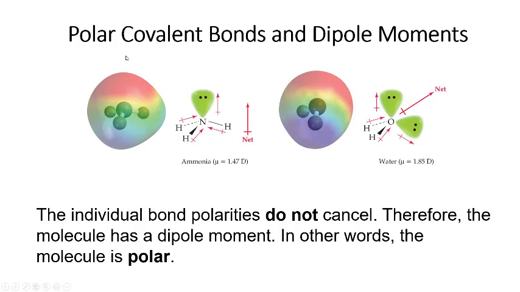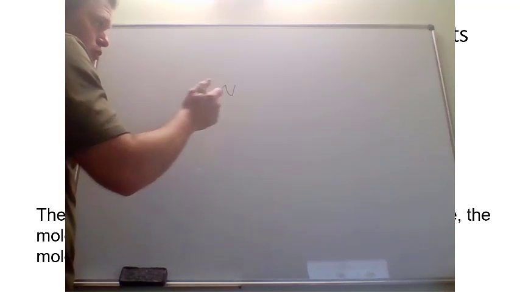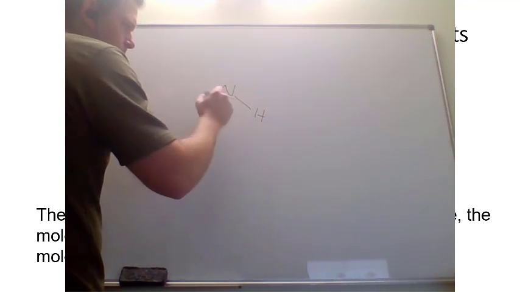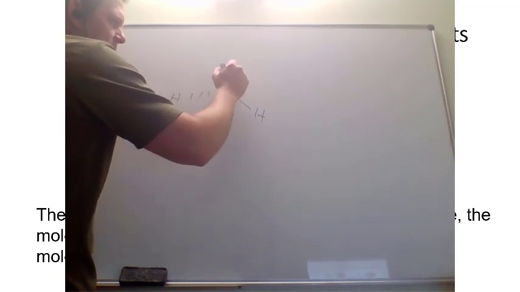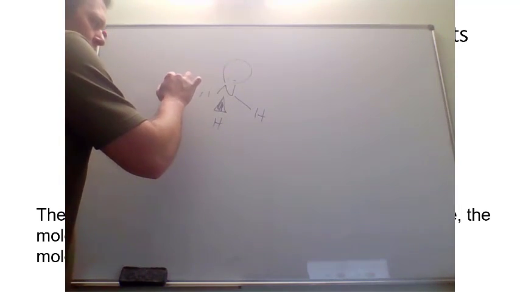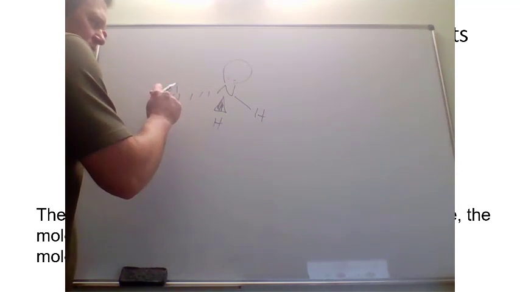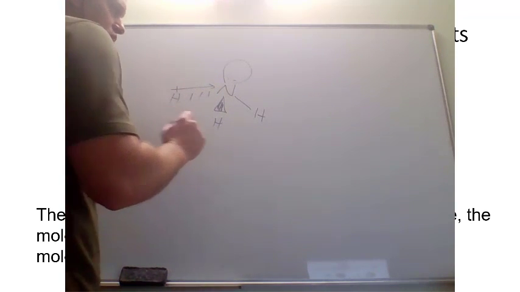Okay, so let's take a look at ammonia. So best to take a look up here on the board. And so if we take our N in the middle, and this is going to be trigonal pyramidal. So we have our nitrogen, and then we have three hydrogens, and then we have our lone pair of electrons on the top. So we can identify that each of these individual NH bonds are going to be a polar bond, where you have a partial positive on the hydrogen, going to a partial negative on the nitrogen in the middle.